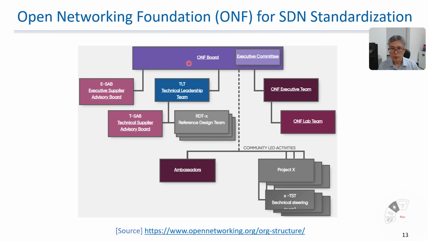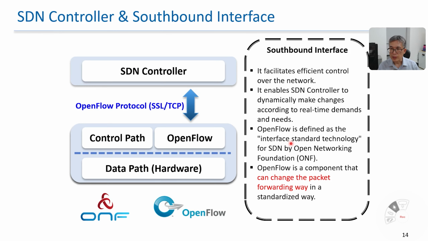The ONF board includes executive committees, the technical leadership team, and the executive supply advisory board, as well as the ONF executive team and ONF lab team. They work on various projects, test them, and evolve standards for SDN.